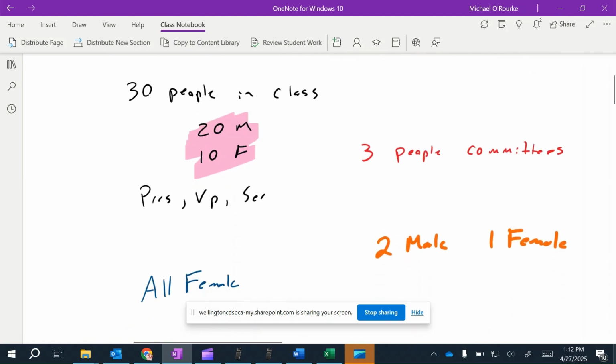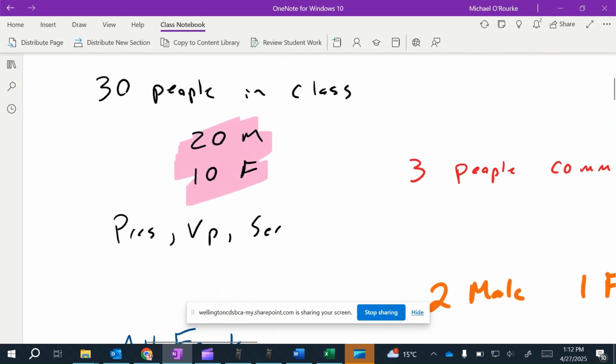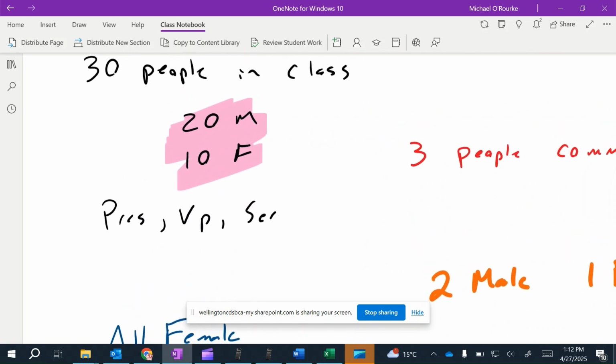Okay, now we could do something here. Let's say there's 30 people in a class, with no restrictions. How many president, vice president, and secretary combinations could we have? Those are three distinct roles that exist.